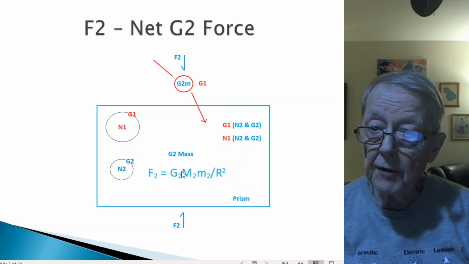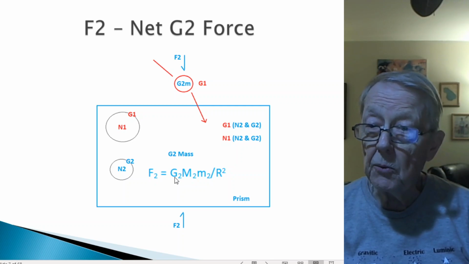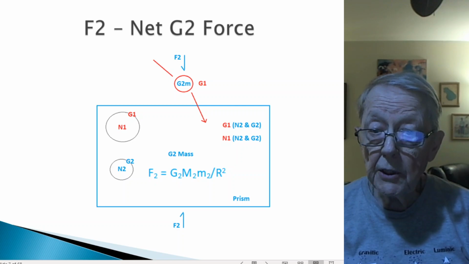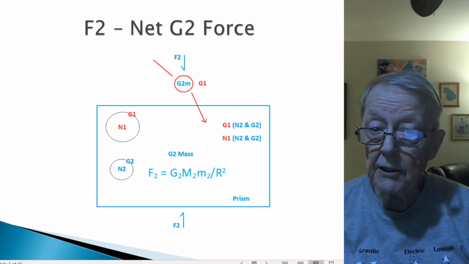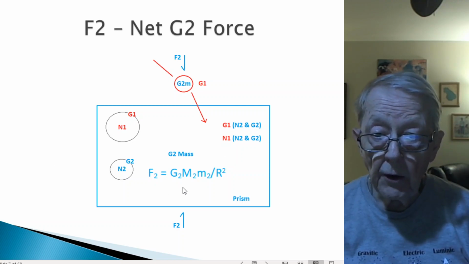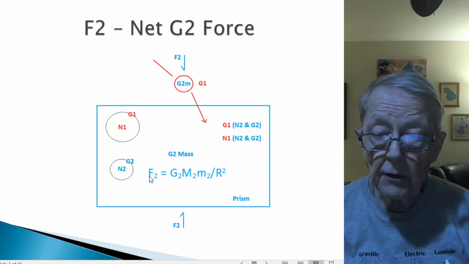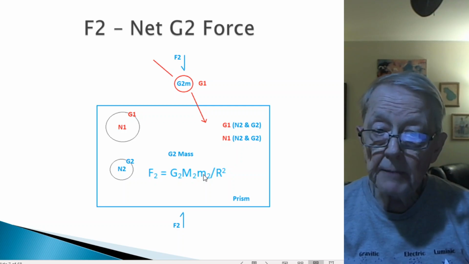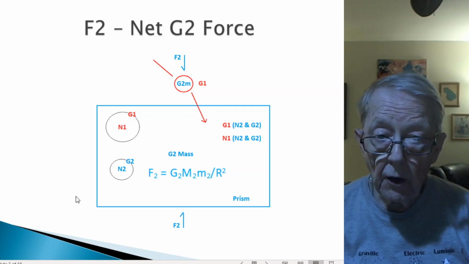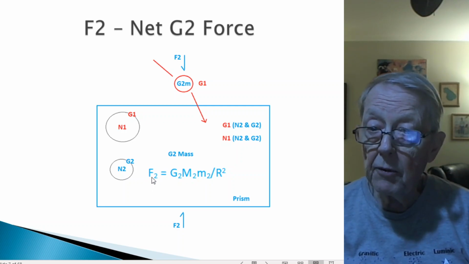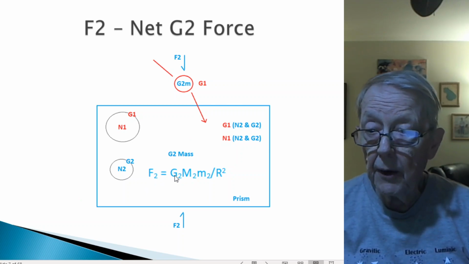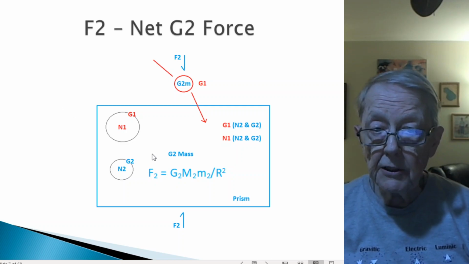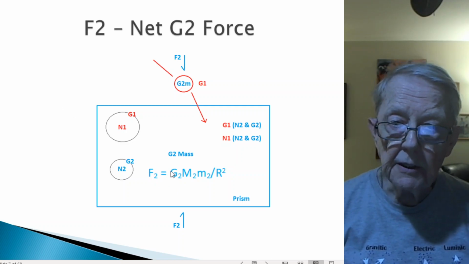It has a gravitational constant, but it's not G1, not the universal gravitational constant of Newton's equation, but it has its own. We don't know yet how to handle this equation. We don't know how to define the G2 mass. We don't know how to name the force, and consequently, we haven't done experiments that'll get us the value of this gravitational constant at level 2.